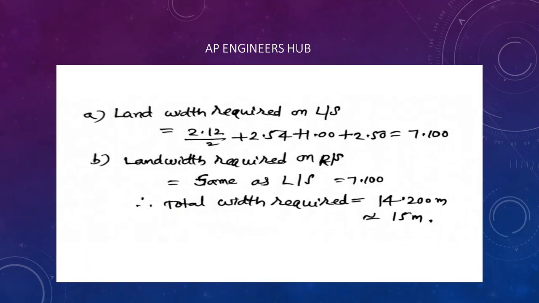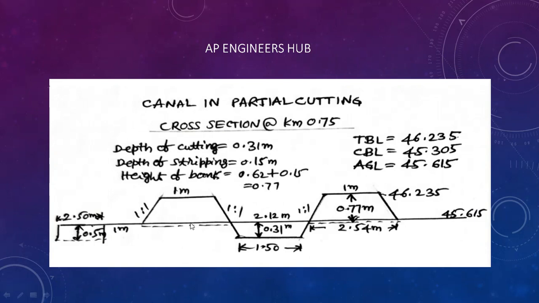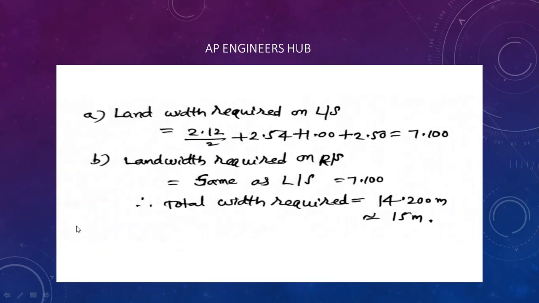Land width required on left side is equal to 2.12 by 2. That means half of the top width plus bottom width of bank, plus 1 meter, plus 2.5 meters borrow length. Outlet of bank canal plus bank width plus 1 meter plus 2.5 meters borrow length, total 7.1 meters.